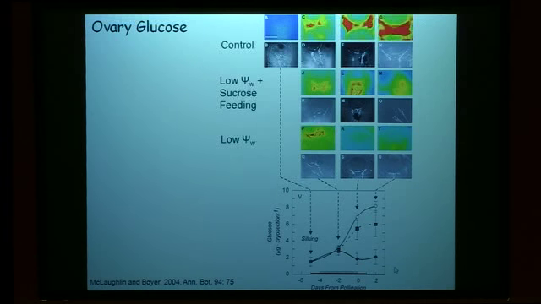Now, John McLaughlin was in our lab at the time, and he developed a method to look at glucose location in these ovary structures. The glucose is high in the red and low in the blue color. And what you see here again is that row of ovary structures at the same time as we were talking before, and just below the structure is the autofluorescence of that same structure.